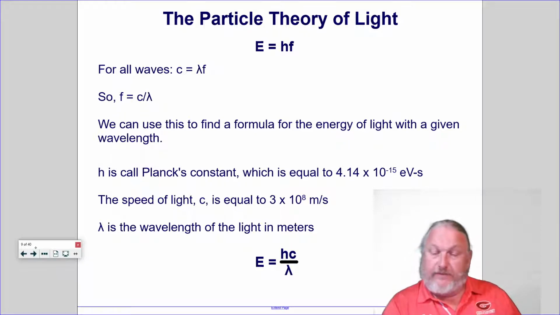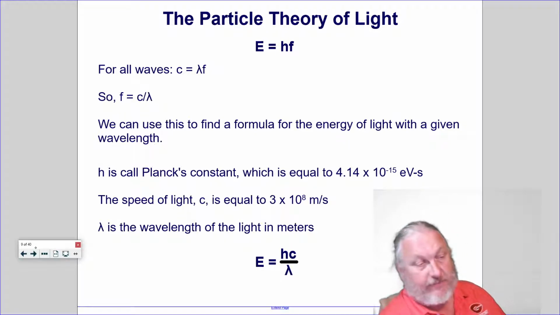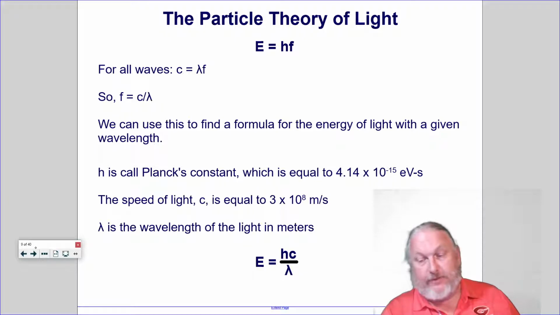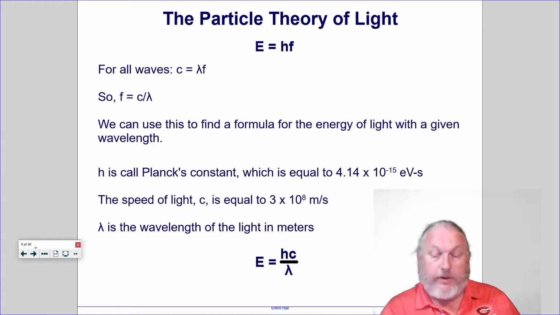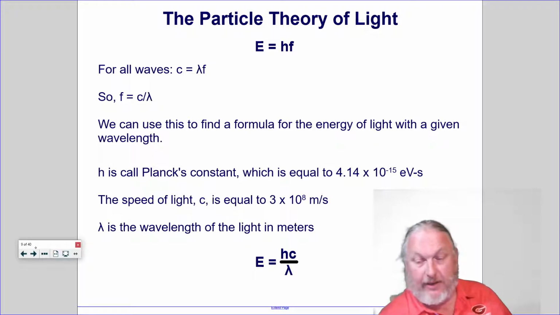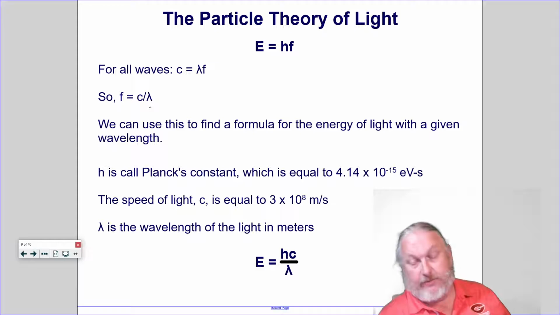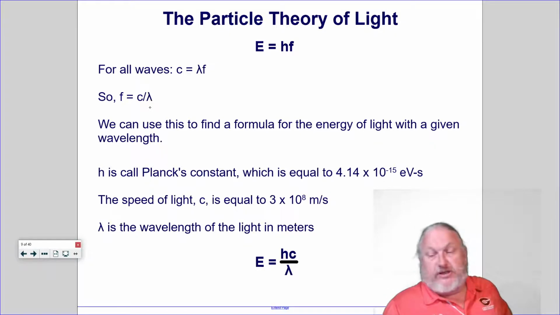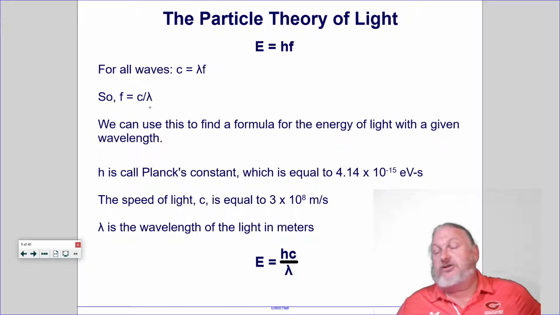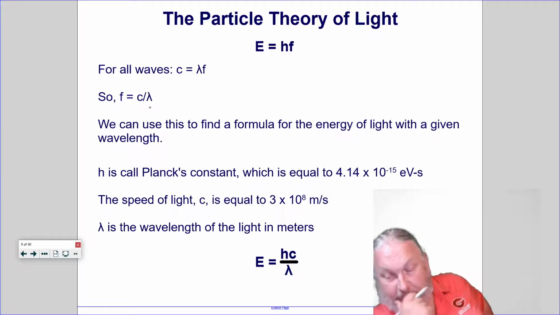Waves are given this formula: speed of light equals lambda, the wavelength, times the frequency. We can move this around and put frequency equals c over lambda, wavelength. Now we can use this formula to find the energy of a light at a given wavelength.